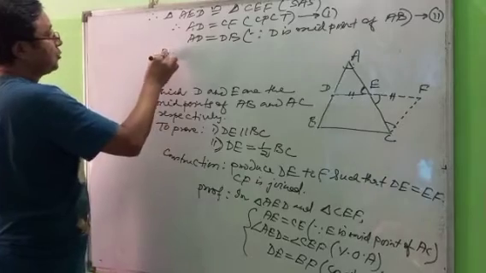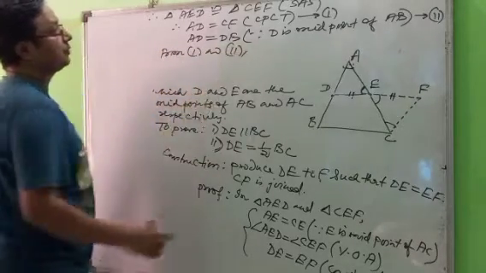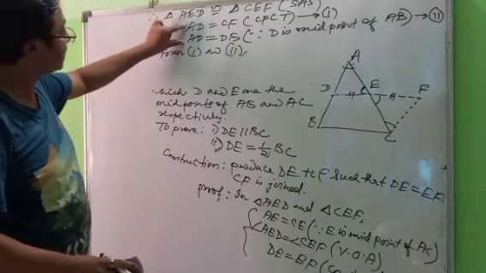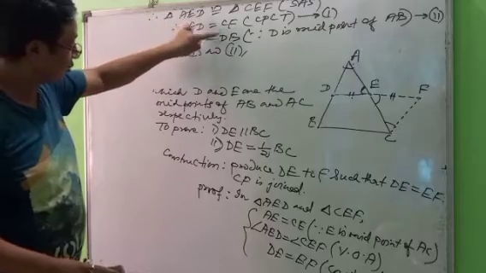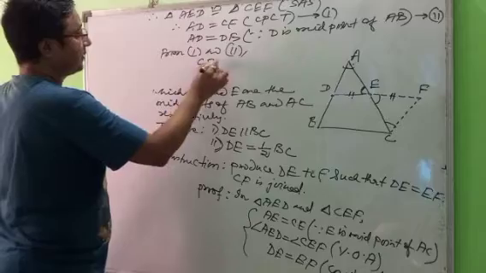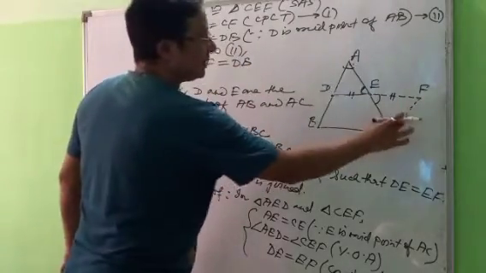From equation 1 and equation 2, as these two sides are equal, you will get CF equals to DB.